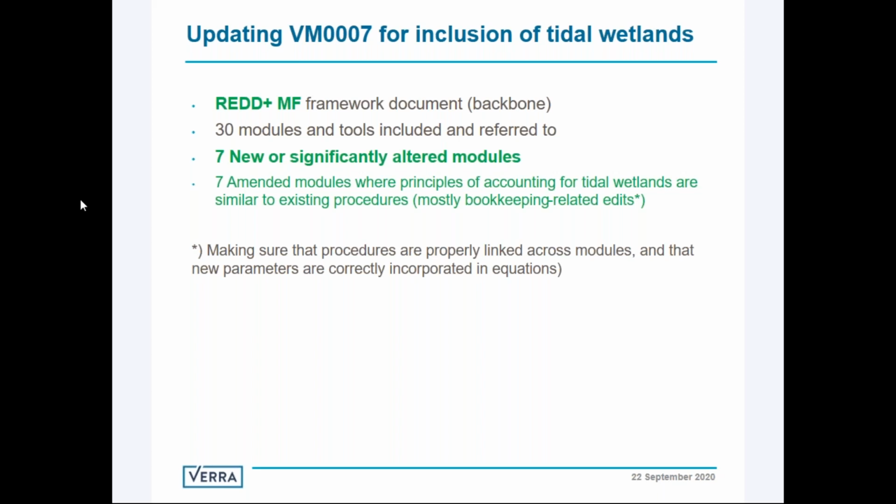By that I mean that we need to make sure that there's a proper link across modules when adding tidal wetlands, and we needed to add certain parameters and add certain equations to make things work. Next slide, please.